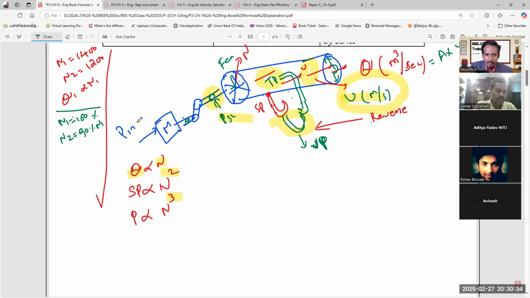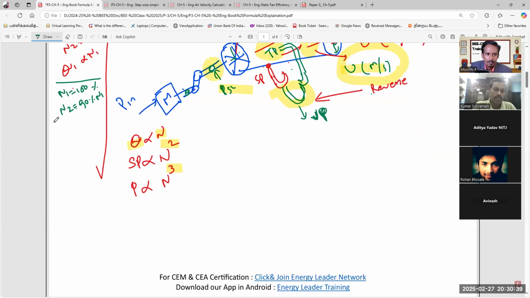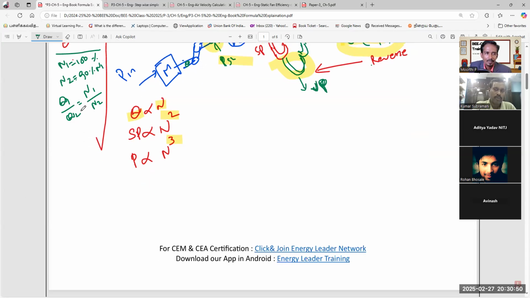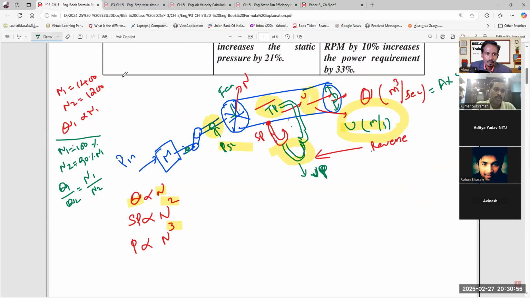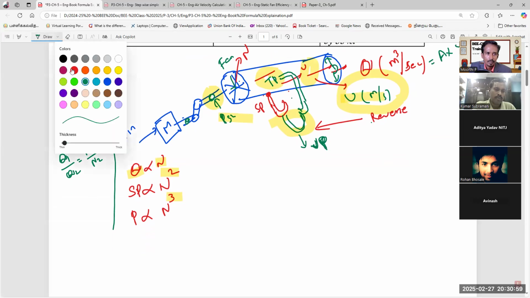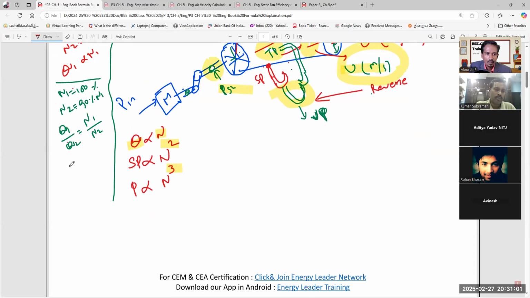What is the general formula? Q1 divided by Q2 equal to N1 divided by N2. Just apply it.